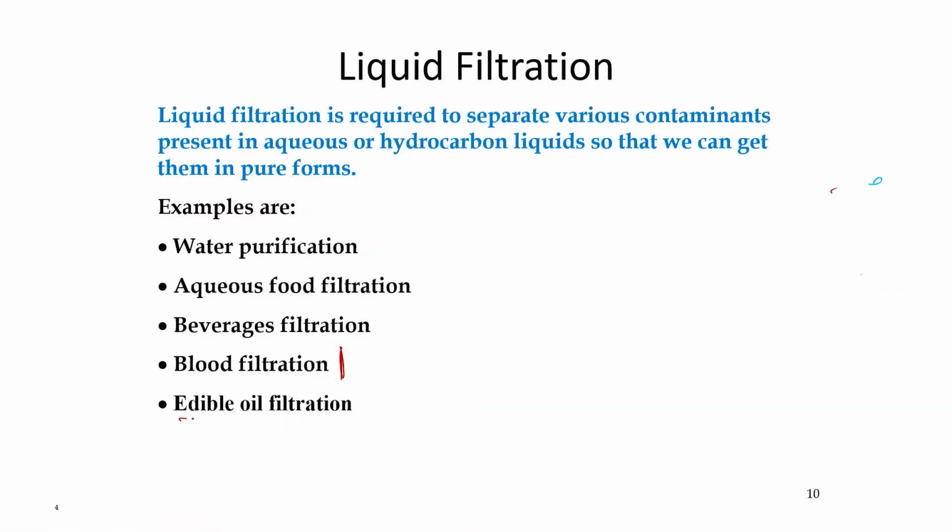Edible oil filtration: we want to extract oil from the seed or solid particle, which is separated in cake form, and the liquid part, the oil. This type of filtration is required. So, there are different types of liquid filtration, but our concern is water purification, and we will concentrate our discussion on that.